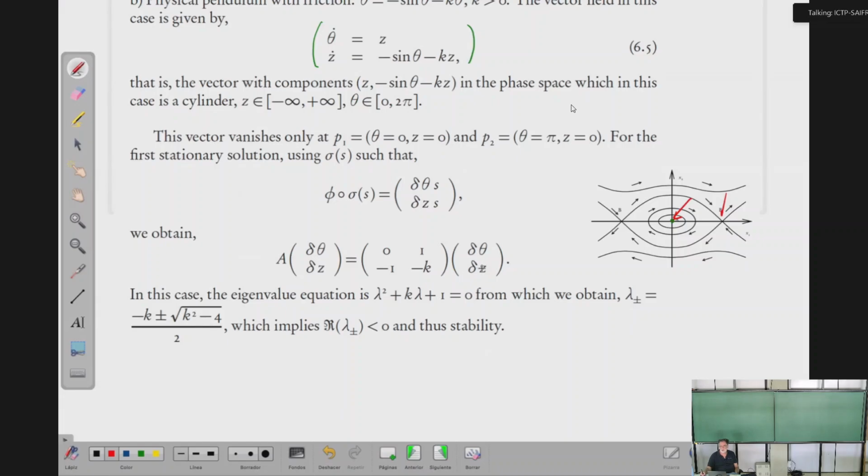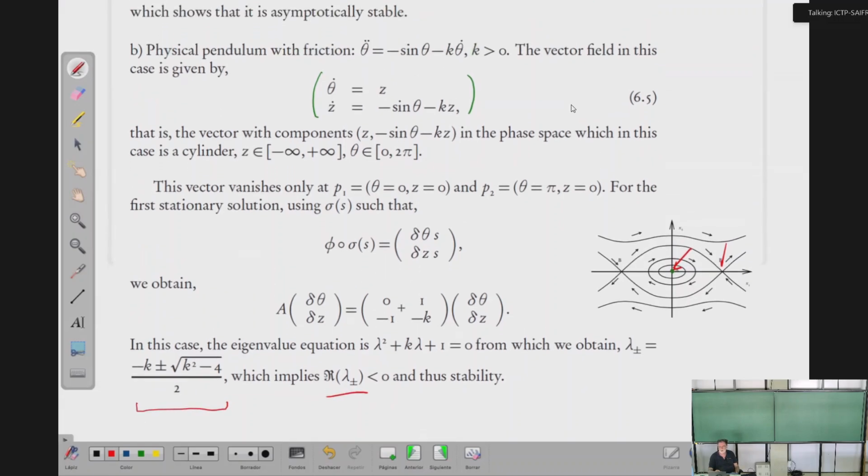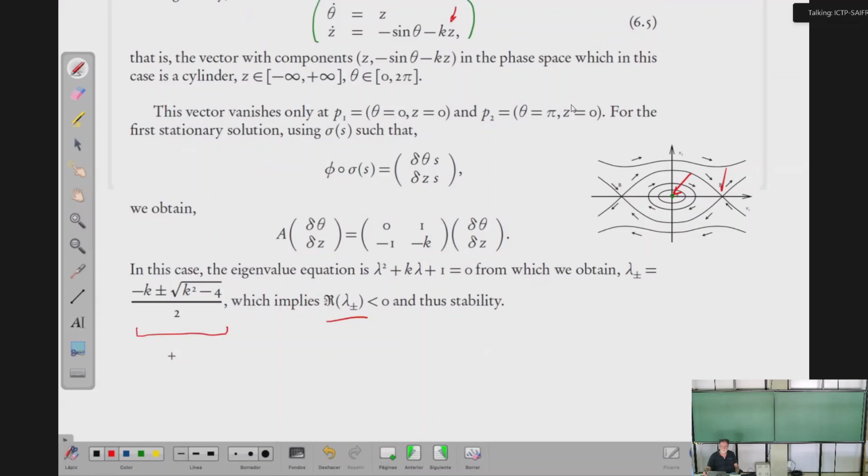And from that you compute the eigenvalues, and you find that there are two eigenvalues, and both of them have a negative real part, because this quantity is smaller than k. This, by the way, is the pendulum with some dissipation. And you can do the other exercise. Do this point.